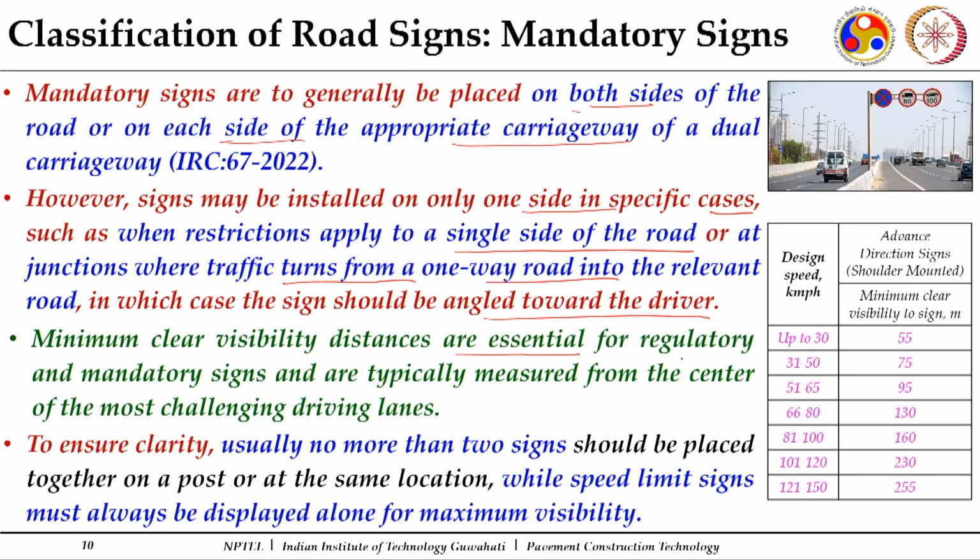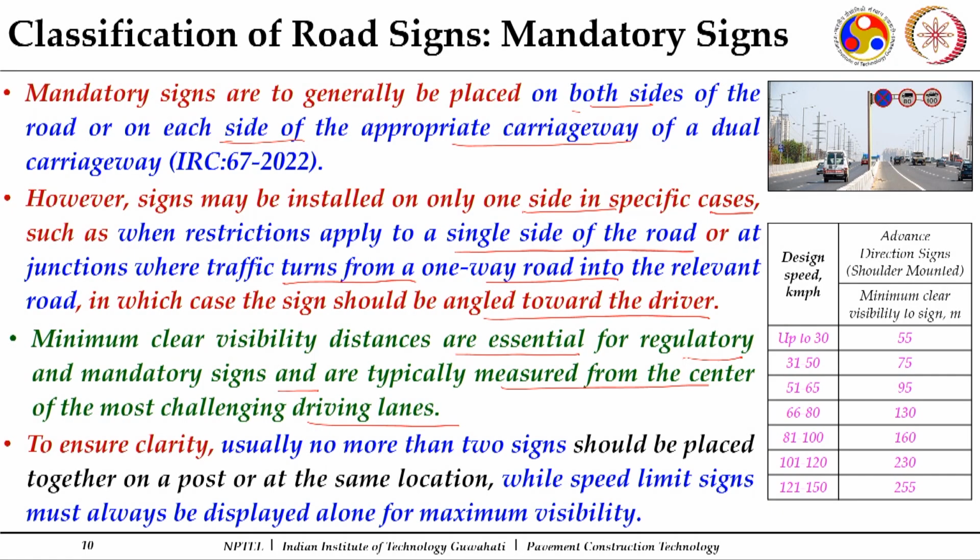Clear visibility distances are required for regulatory signs, and IRC 67 gives detailed information about the placement of these different road signs. For regulatory and mandatory signs, distances are typically measured from the center of the most challenging driving lane, the one where you find it most difficult for a driver to see the sign.